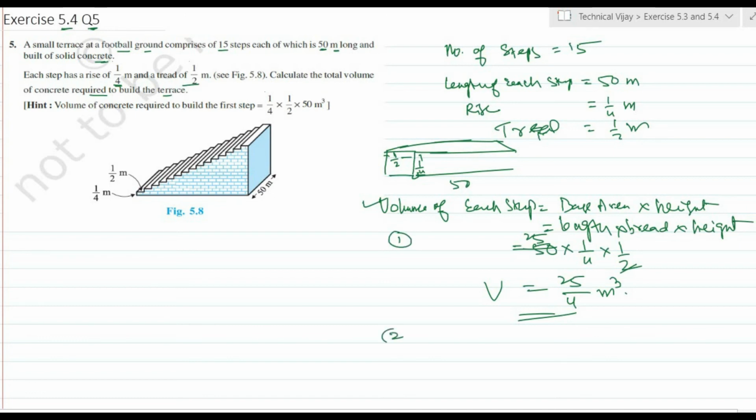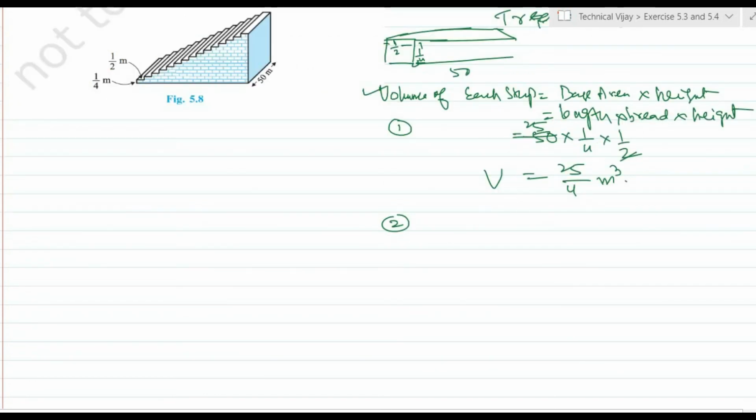For the second step, the length is the same, 50, and the height is increasing, that is 2 into 1/4, into 1/2, which is the same tread. That gives 50 by 4. This is the second step volume, V2; the first is V1.